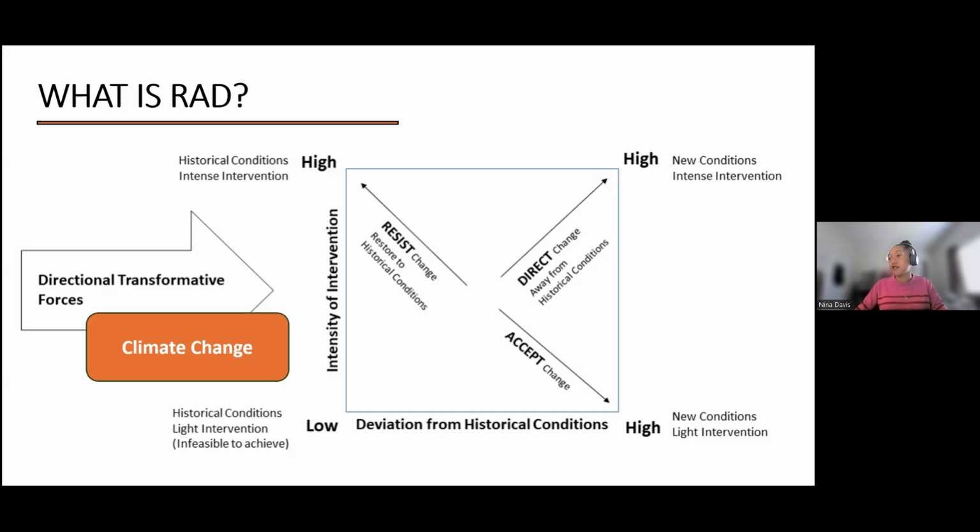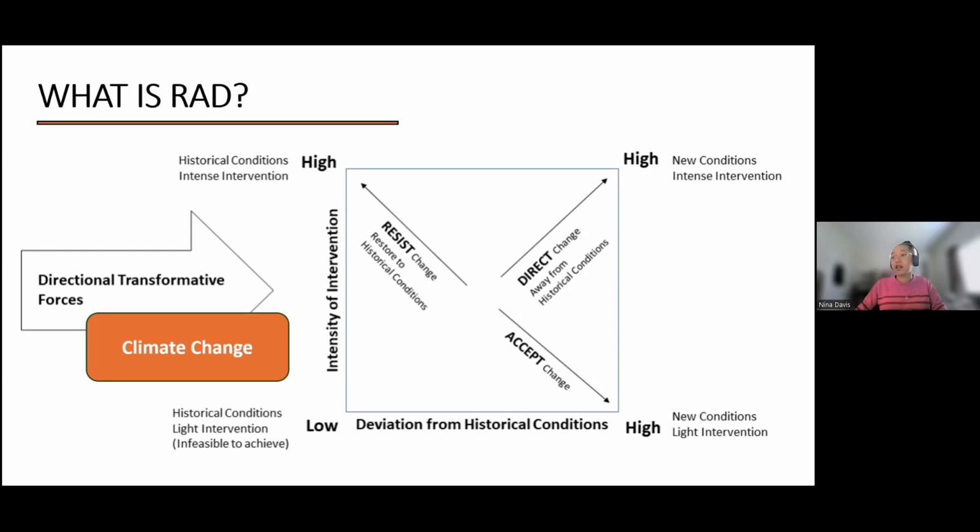High deviation from historical conditions, but low intervention lead us towards accepting, letting that change occur without heavy investment in prevention. And then high deviation and high intervention point us towards directing, actively shaping a new trajectory away from the past.